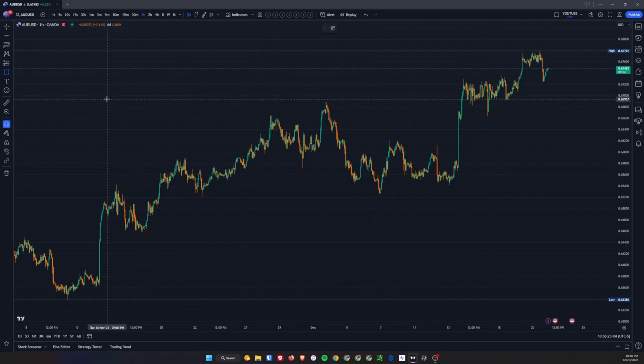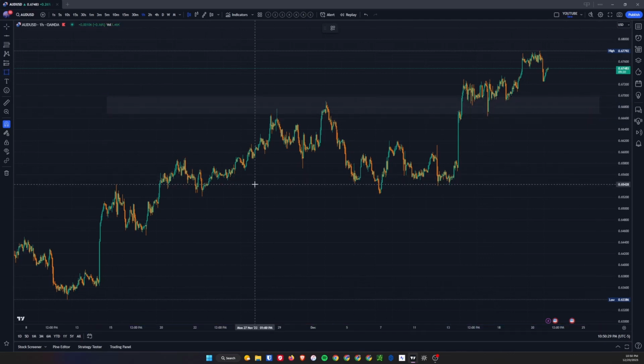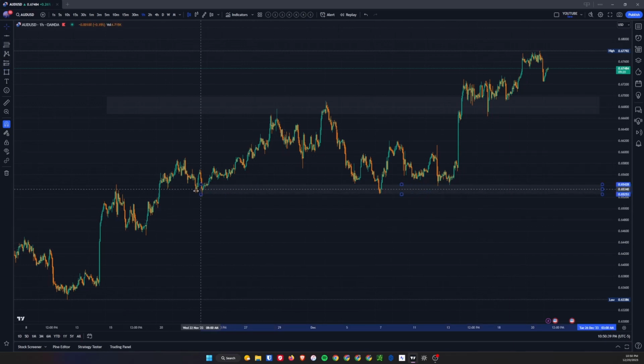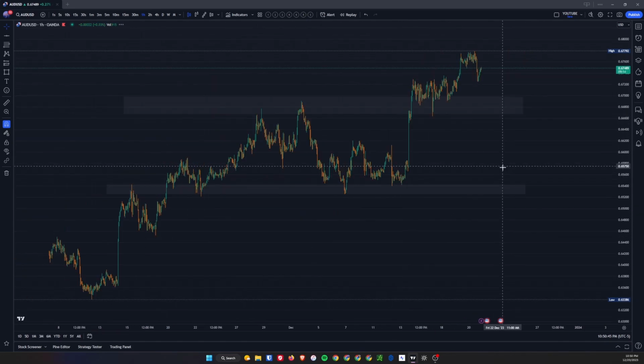Okay, and then the 1 hour. As far as this time frame, these are the main two levels that I would use.